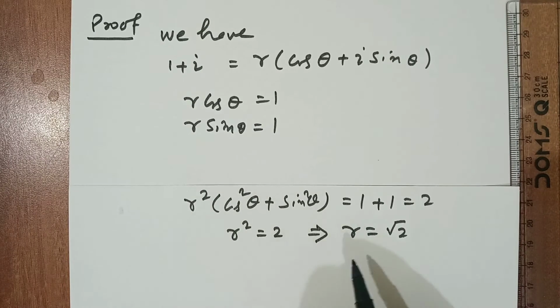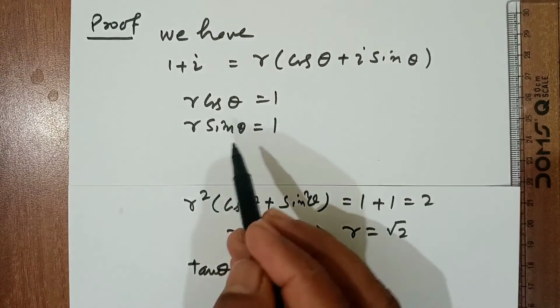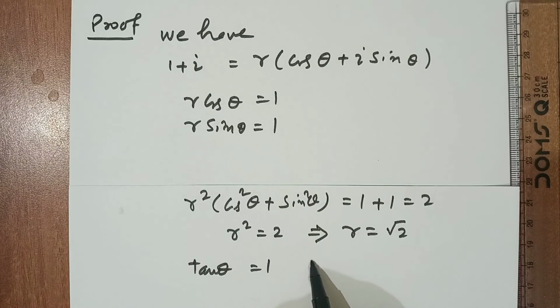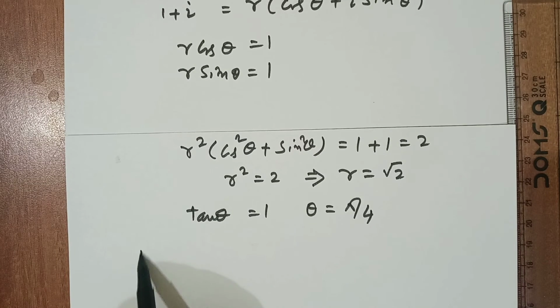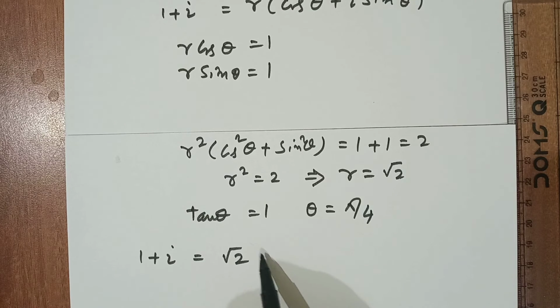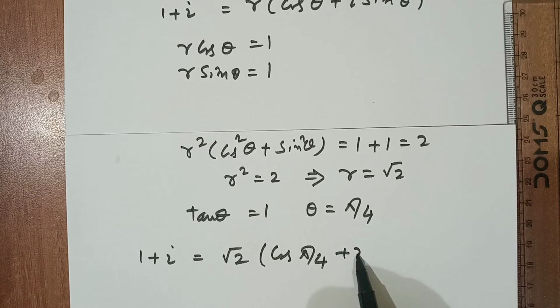So tan θ, by dividing, is equal to 1, meaning θ is equal to π/4. So this can be written, meaning 1 + i is equal to √2(cos π/4 + i sin π/4).